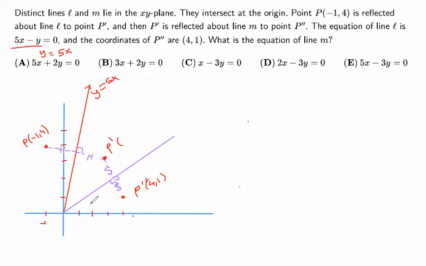But what we want is the equation of this second line. We can try finding an equation that passes through P and P prime, because we know the slope of this line, so we may find the slope of the perpendicular line. So let's go ahead and try that. Since the slope of this line is 5, the slope of the line that passes through P and P prime will be -1/5.